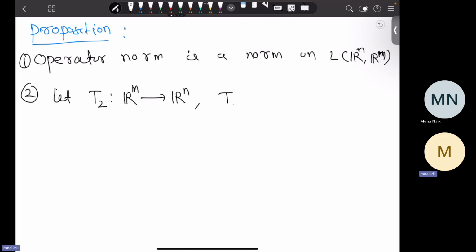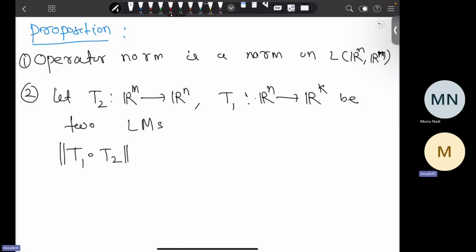and T1 is a mapping from R^n to R^k, with two linear maps. LM means linear maps. Okay, so if I take the composition T1 composition T2, if you look at the operator norm, then the norm of T1∘T2 is less than or equal to the operator norm of T1 times the operator norm of T2.